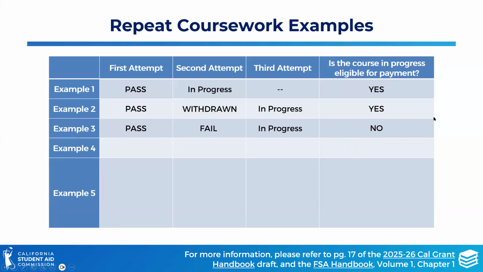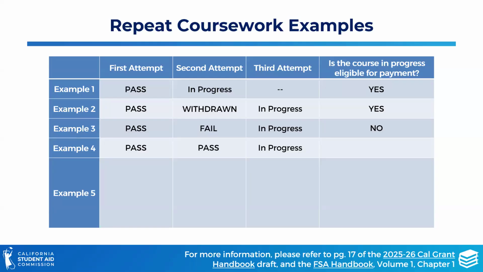In this case, no Cal Grant is available for that particular class. Now, they may have other classes that aren't repeat coursework, so it's not that they wouldn't be eligible for Cal Grant for the entire term. They just wouldn't be able to get it for that particular class. So when you're determining their enrollment status, you would want to omit this particular course from that enrollment status determination.